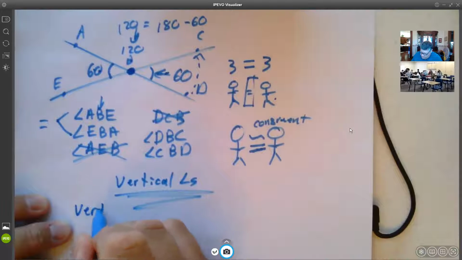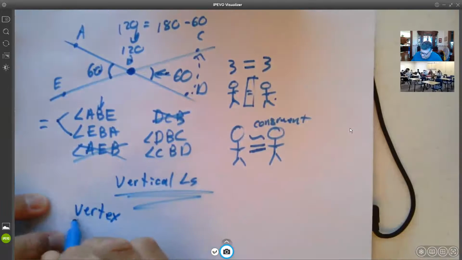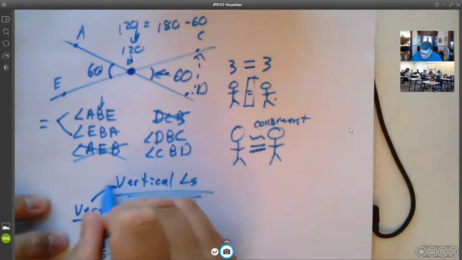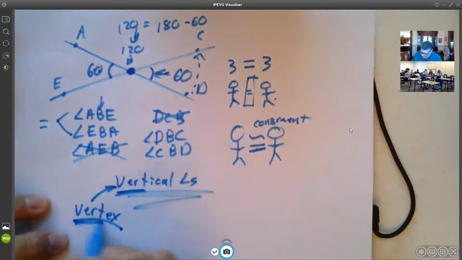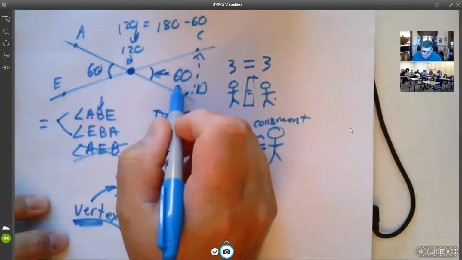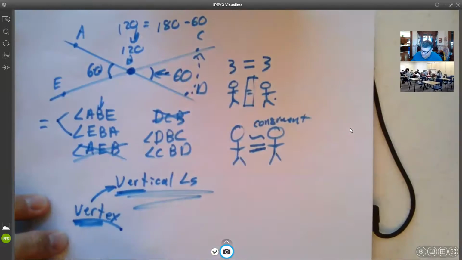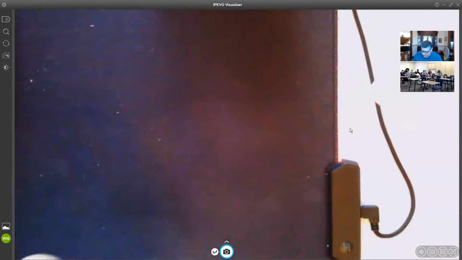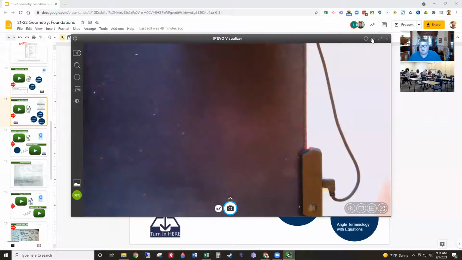Close, only if these were segments. Vertex. That's where the vert from vertical comes in. They're connected at the vertex across from each other. These are vertical angles, and that's what your Ed puzzle is going to be about this evening.